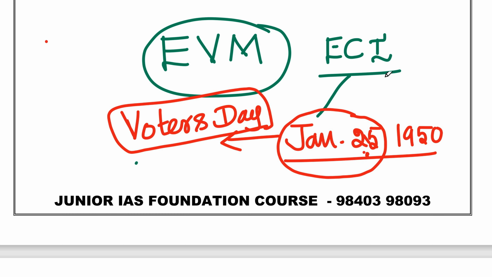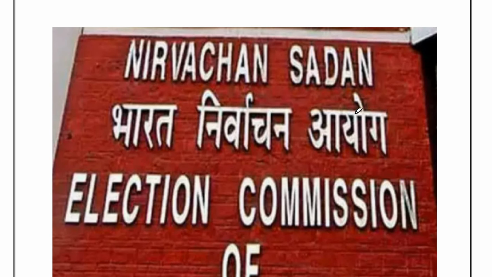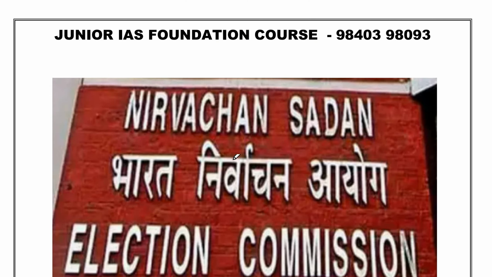Where is the Election Commission of India situated? The Election Commission of India is called Nirvachan Sadan in Hindi. This is in New Delhi. Is this a constitutional body? What do you mean by constitutional body?